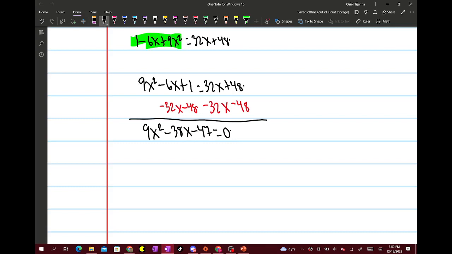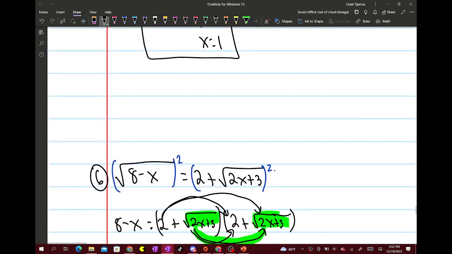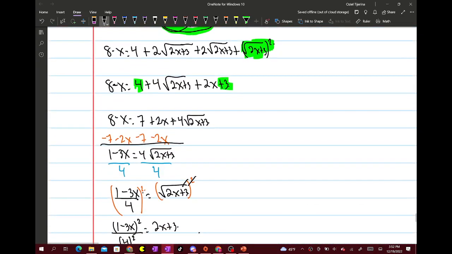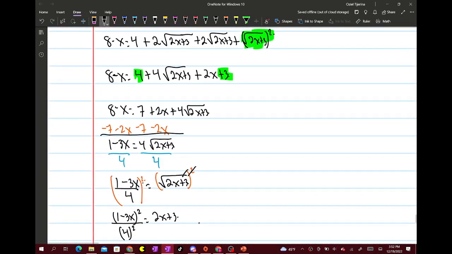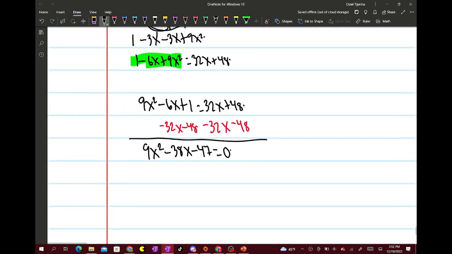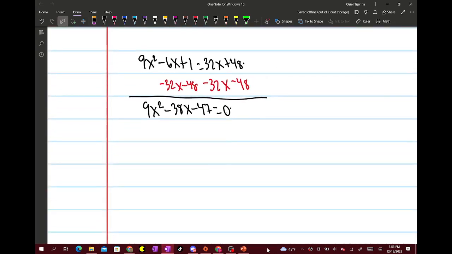And now we would have to solve this for x, right? So of course I would try and factor this, but it's going to be very long if I do that. So I'm just going to put what it is. It's (x plus 1) times (9x minus 47), and this is equal to 0.